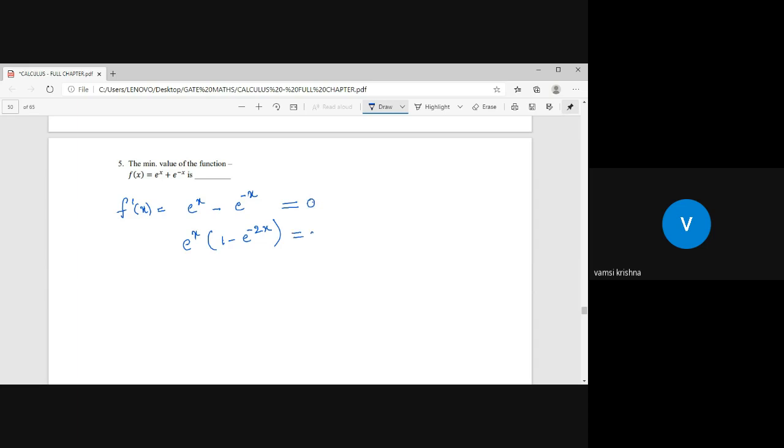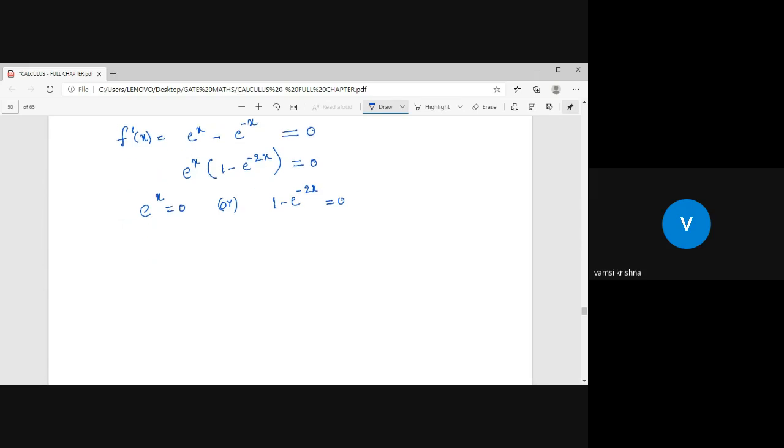So either e power x equals 0, or the second factor 1 minus e power minus 2x equals 0. e power x cannot be 0 as we discussed earlier, since x cannot be minus infinity.